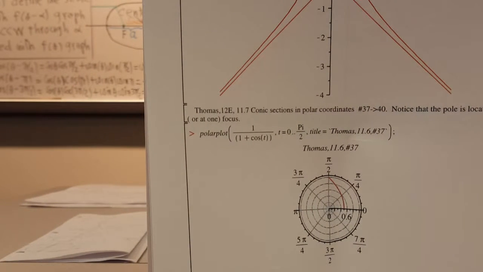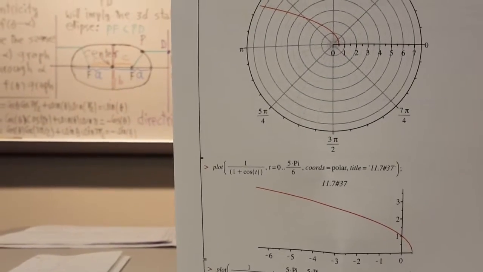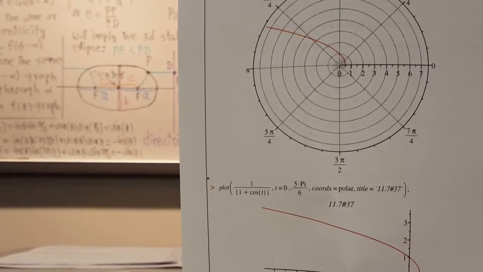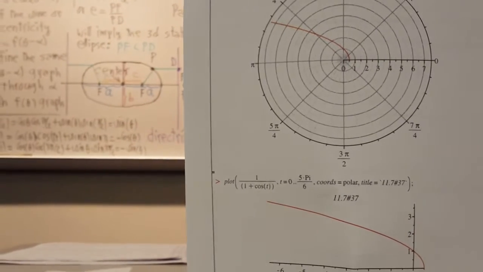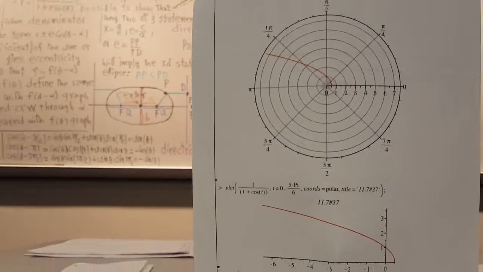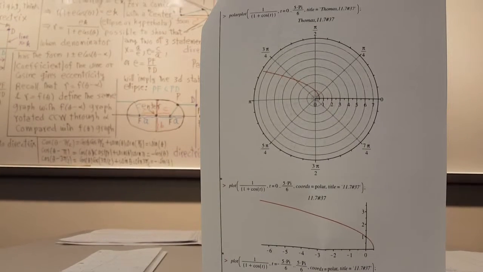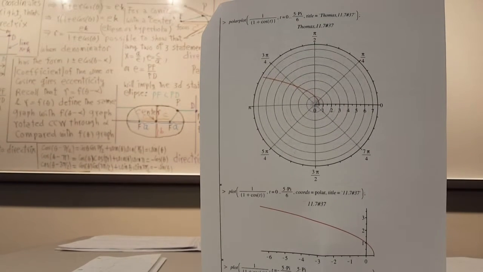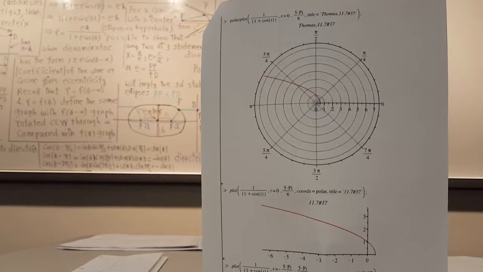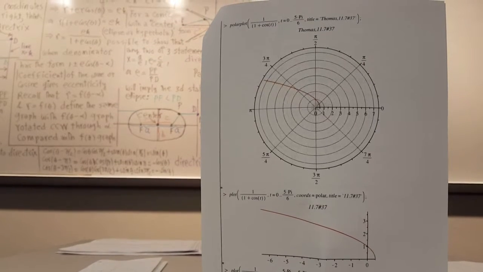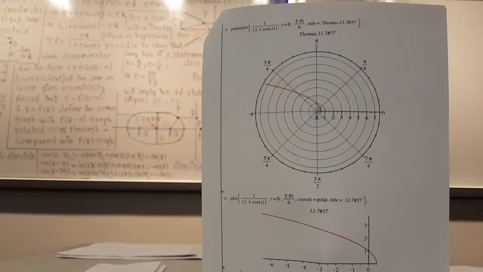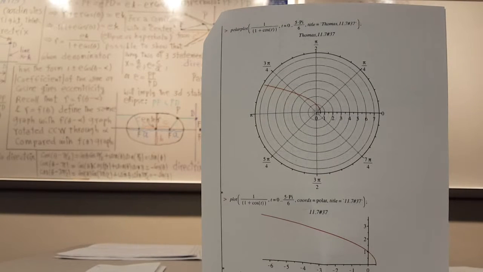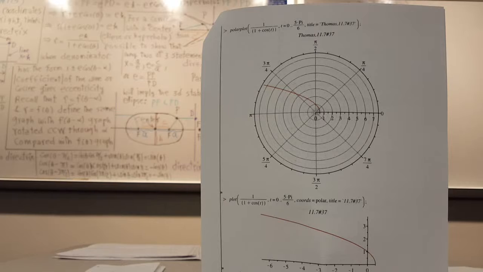So I do the problem over again on the next page, and you see I've gone to find something that looks a little more like a parabola probably, and a bigger scale. And then I've done it again, without the polar plot, I've said coords equal polar. So then you get the graph without the background of the polar coordinate graph paper.